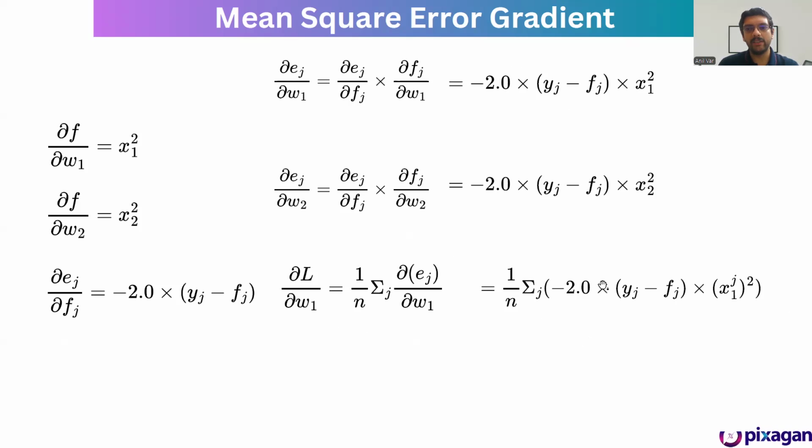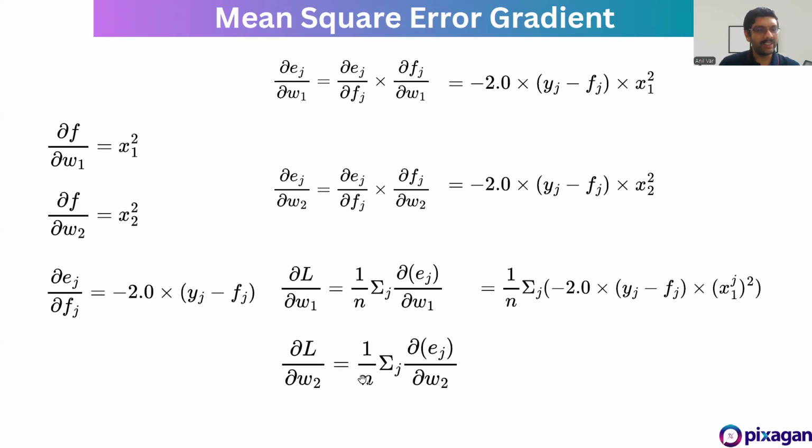What this notation indicates is you take the first data point, j is 1. You compute this. You take yj and fj. yj is the label, fj is the value predicted. You multiply that by the x1 coordinate of the j data point, square it, and you add. You take the second data point, so j is 2, and you add that. And you take j is 3, and you add that, and so on.